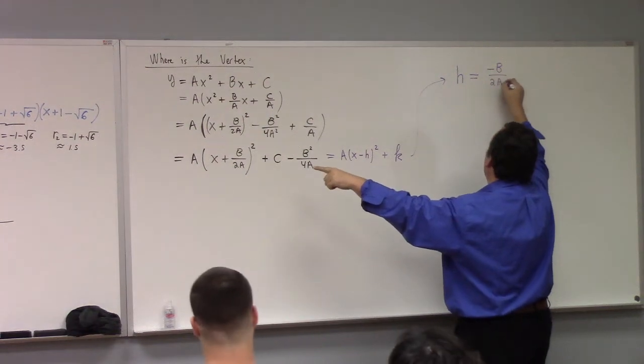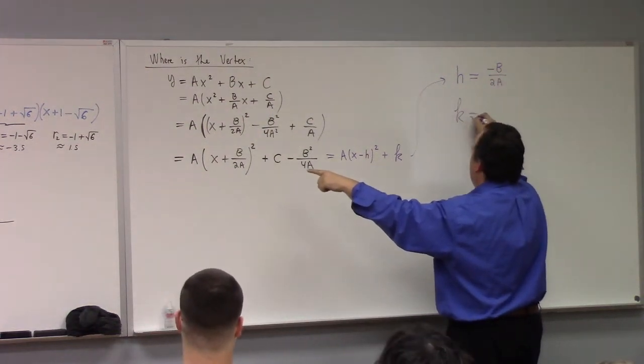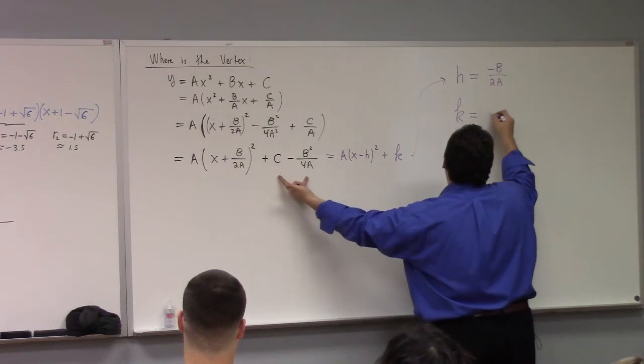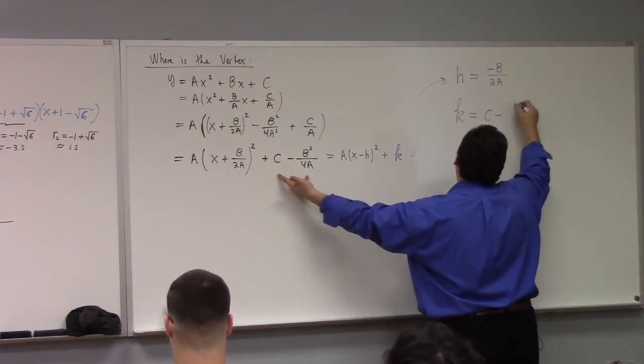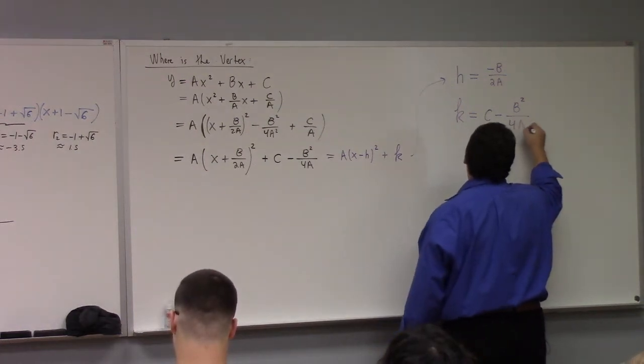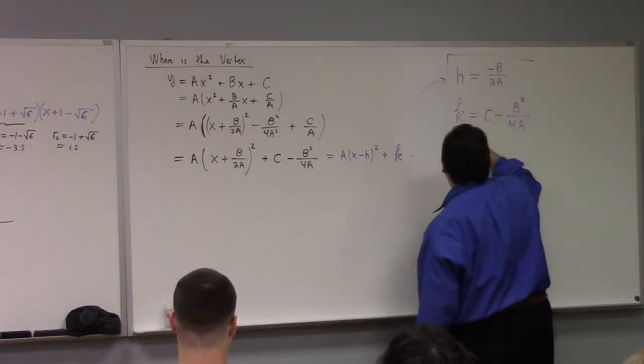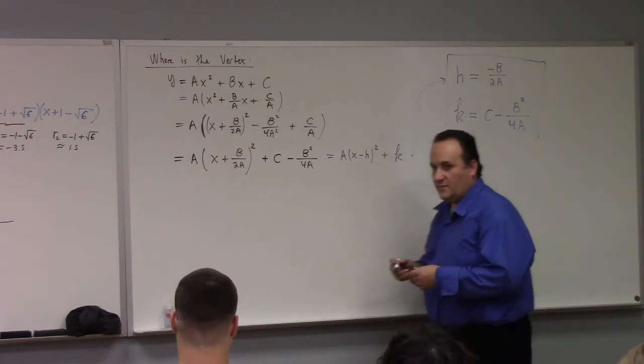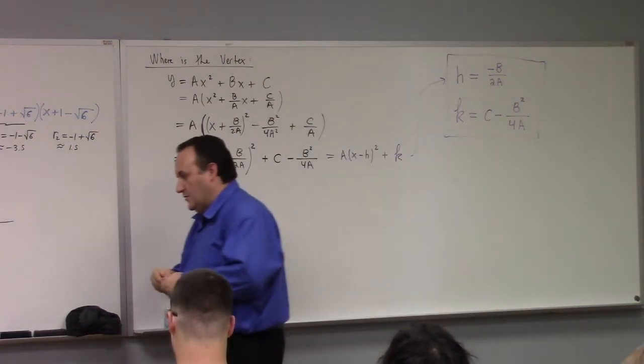Mind the minus, yeah? And k equals c minus b squared over 4a. So there you go. Those are stone cold formulas for the vertex in terms of the coefficients of the standard form.